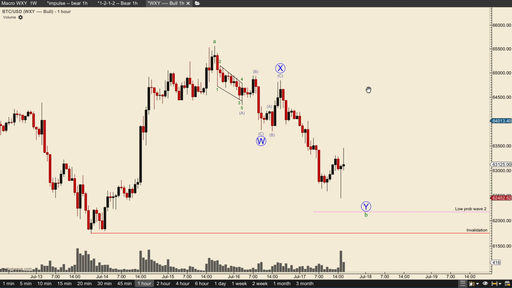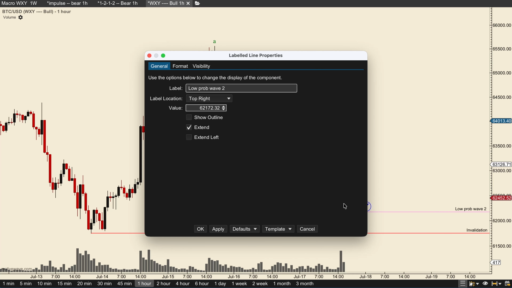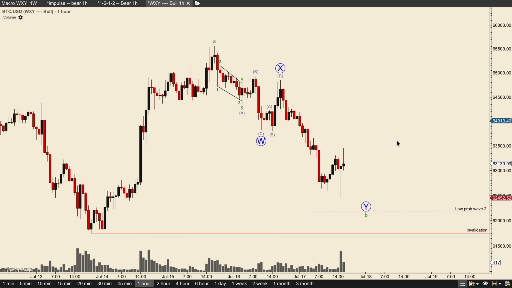But as I mentioned, here is the low probability wave 2 as I showed you, 62.17.2.32. And I also have to include that if we hit this and do not take out this, then it's a higher probability that this move is a wave B instead of a wave 2, which it can be if we count this as a wave 1.